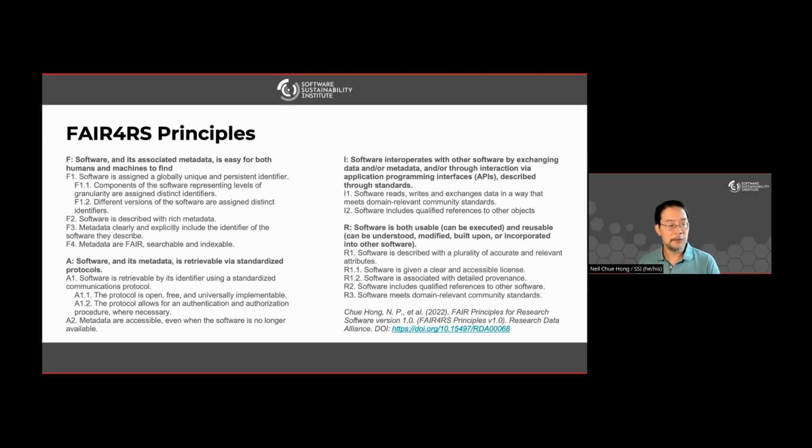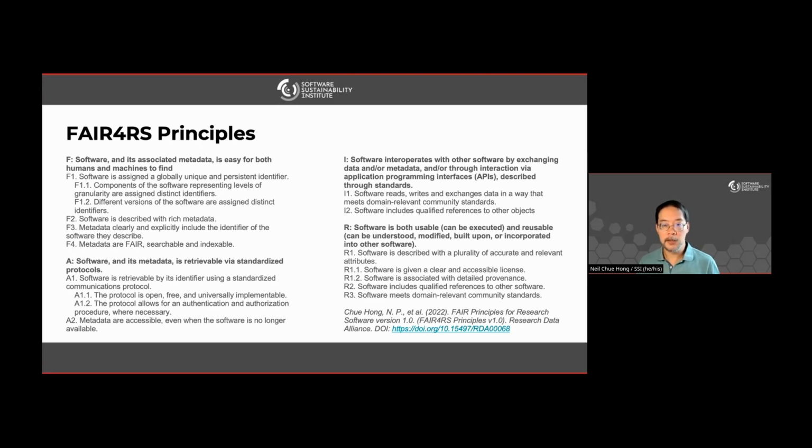So likewise, the FAIR for Research Software Principles have a lot of different principles which are around how software is documented with metadata and identified with identifiers. Another aspect which came up in the way that I classified the PRISM set of software measures is around interoperability.